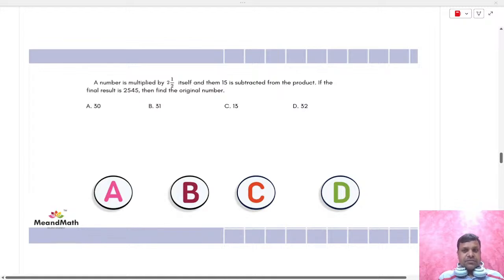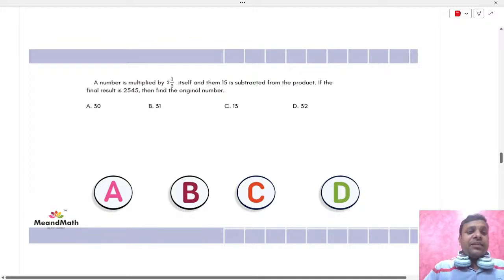Okay. Any other? Thirteen is not the correct answer. 13 सही आंसर नहीं है. Okay. Time up. Let's solve the question.